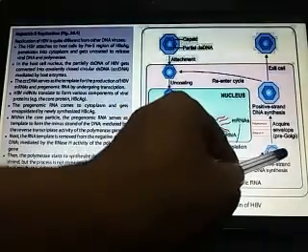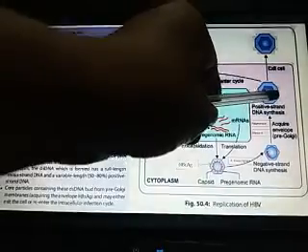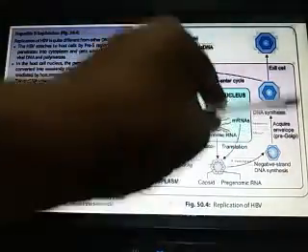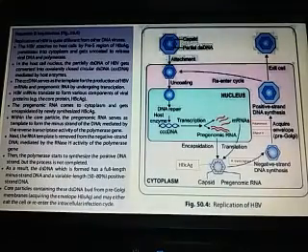And negative sense strands are identical in all the hepatitis B viruses, but the positive sense strands are short and variable among different hepatitis B viruses.